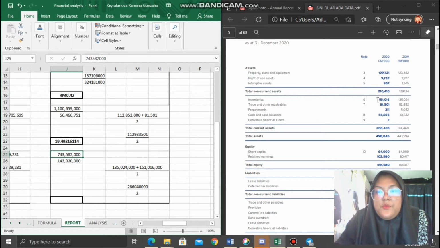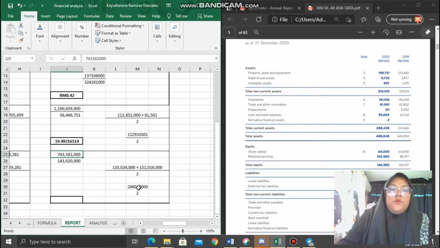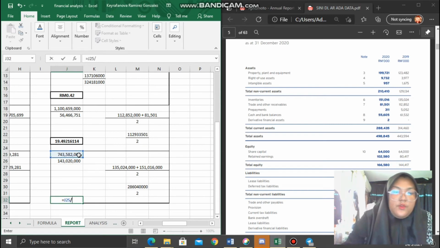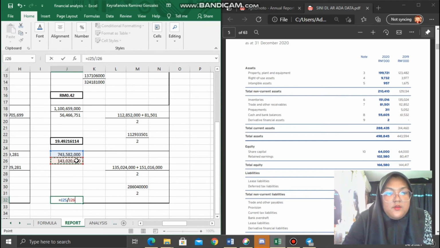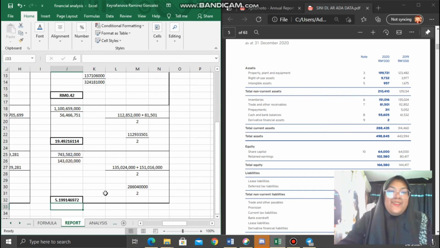We add it with 151,016,000 and divide it by 2, and from the total that I already pre-calculated, we get 143,020,000. To find the inventory turnover, we simply divide cost of goods sold with the average inventory. Now we got the answer.